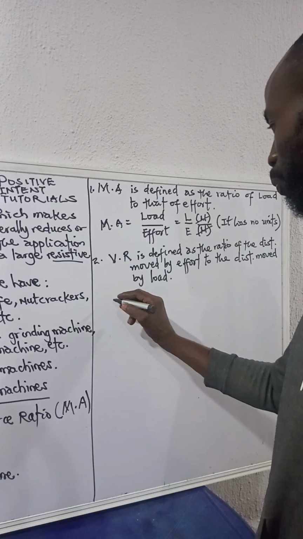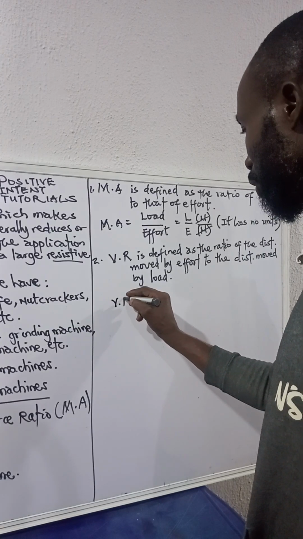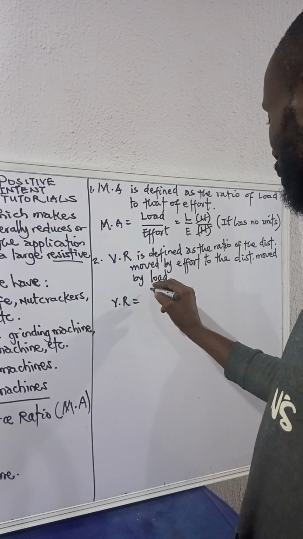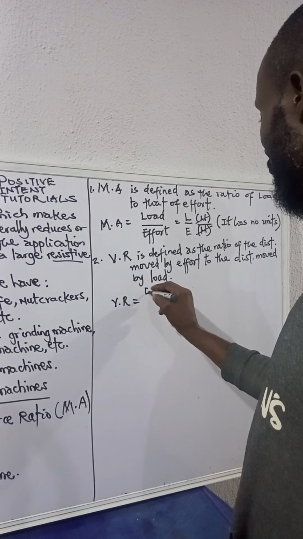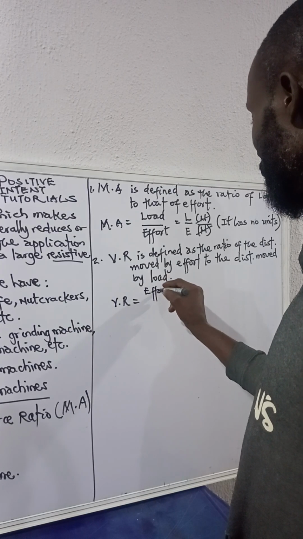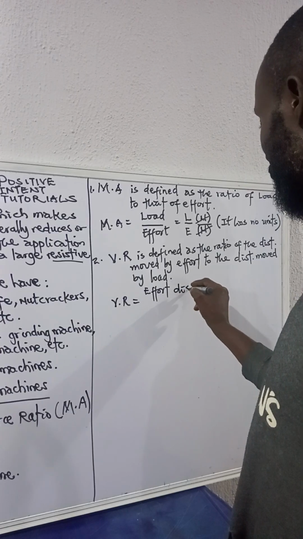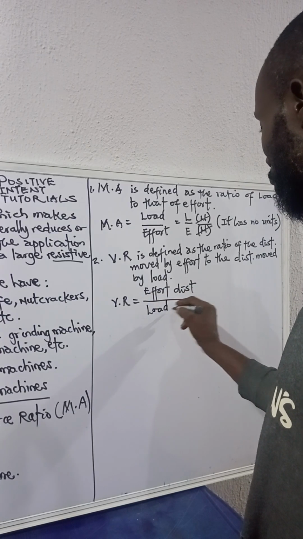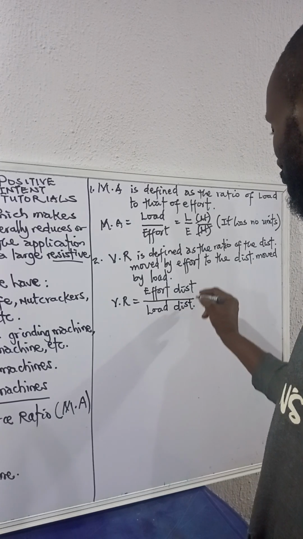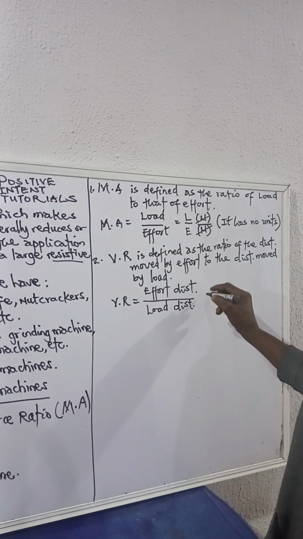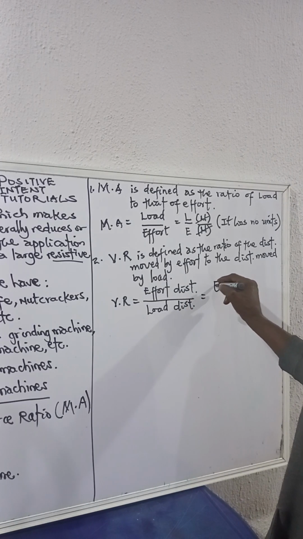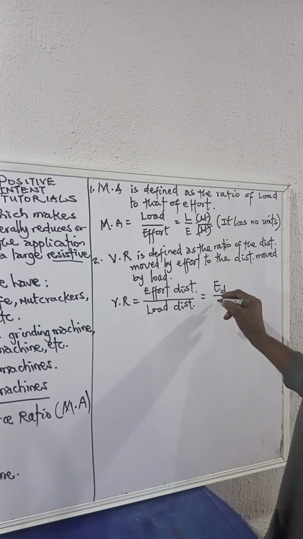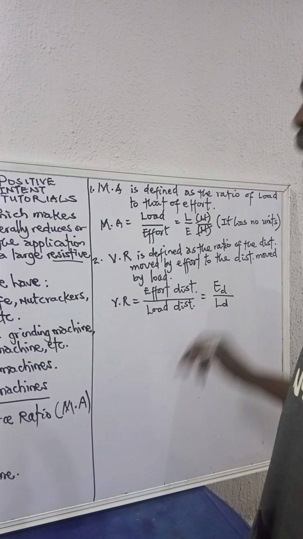What is this telling us mathematically is that velocity ratio is given mathematically as effort distance over load distance. So we have this, which can as well be put as E distance over load distance.